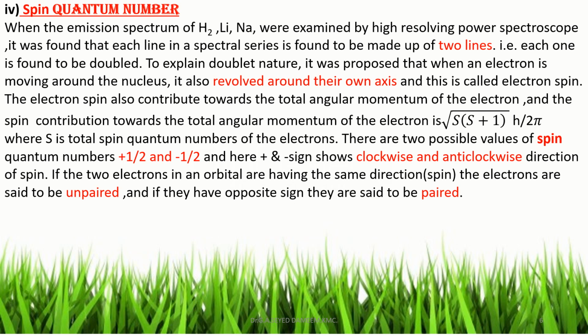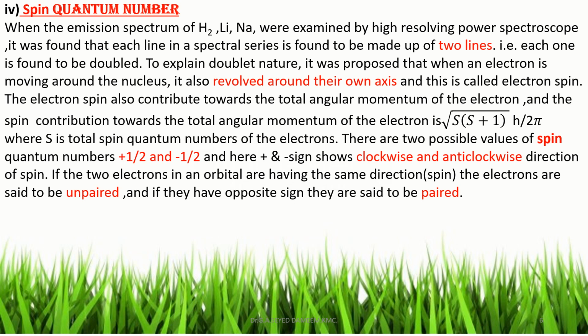There are two possible values of spin quantum number: one is plus half, another one is minus half. If the electron spins in a clockwise direction, then the spin quantum number is plus half. If it is in anti-clockwise direction, then the spin quantum number is minus half. The plus sign and the minus sign indicate clockwise and anti-clockwise direction of spin.